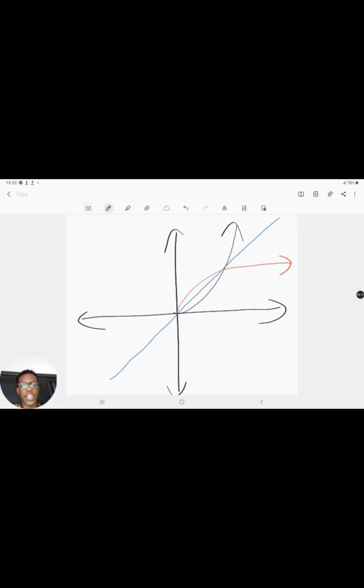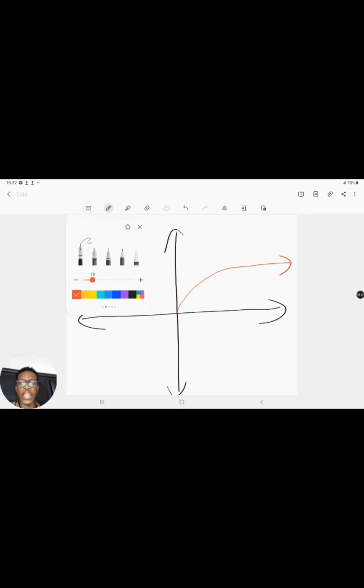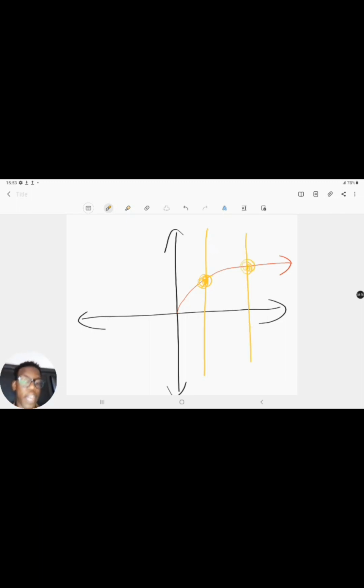Let me erase the original function and the mirror. What do I have here? Let's perform the vertical line test. The vertical line only intersects the inverse at one location. Since it intersects it at one location each time, this indeed is a function.